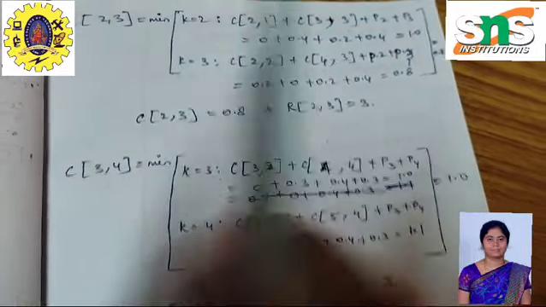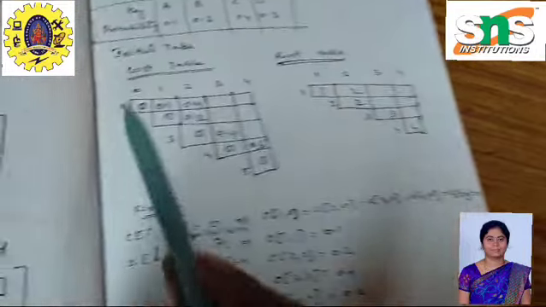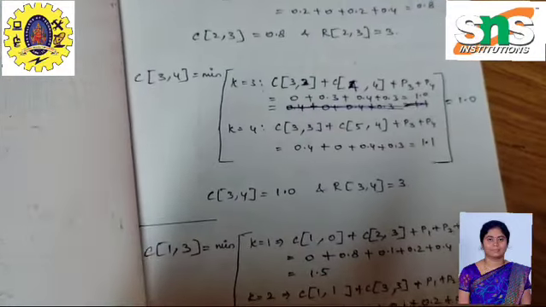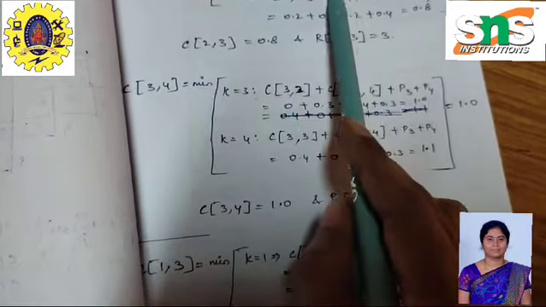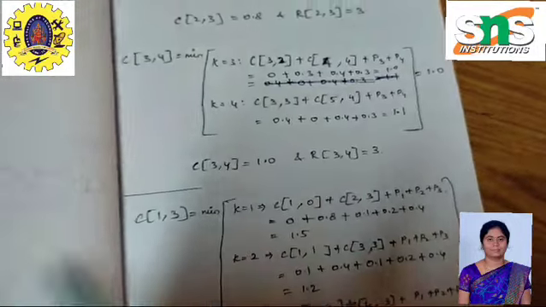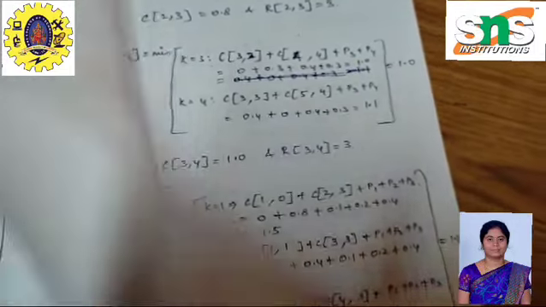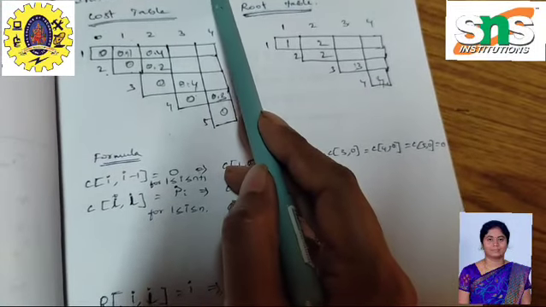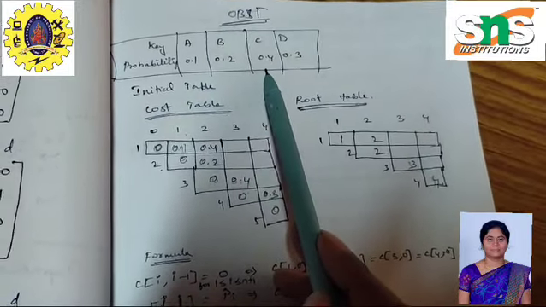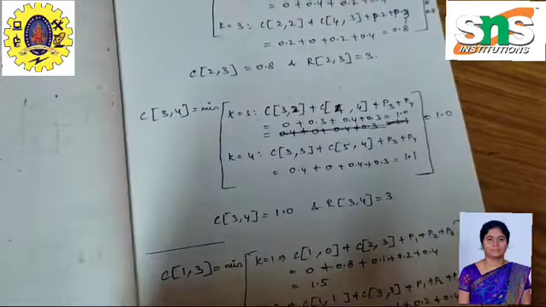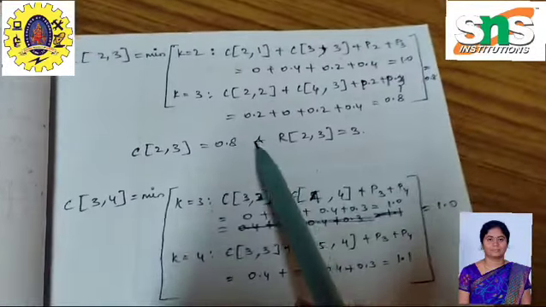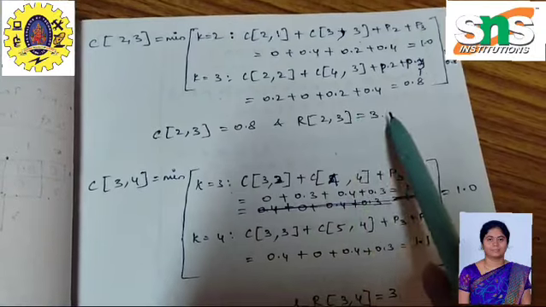So here 2 comma 1 in this table is 0, so we substitute 0 here, and 3 comma 3 is 0.4, and p2 is 0.2 and p3 is 0.4, so we substitute and the value is 1. And the same way for k equal to 3, we substitute, and the value is 0.8.